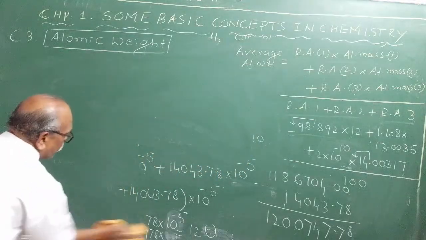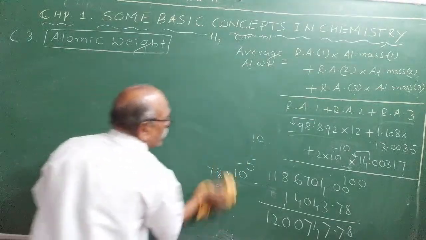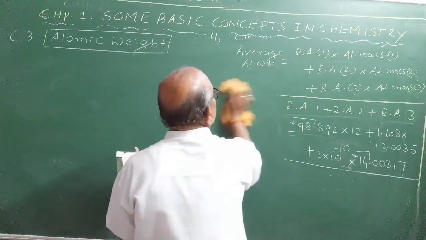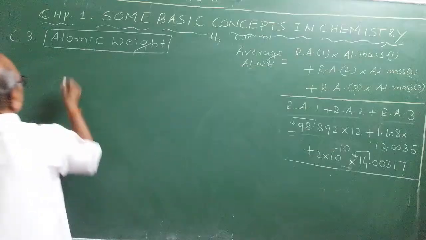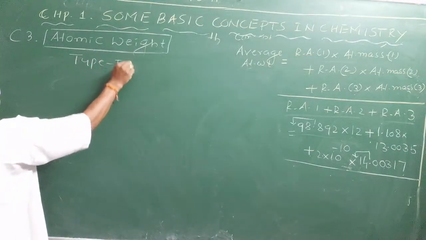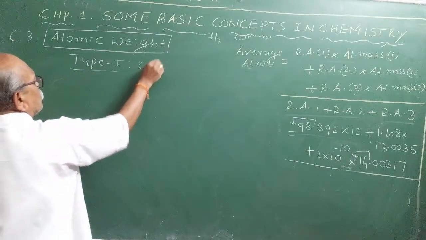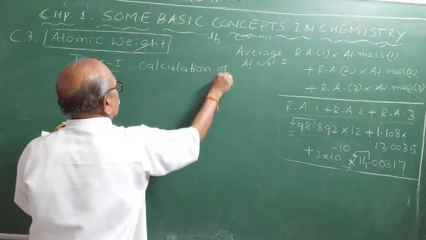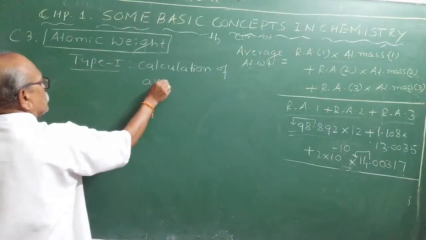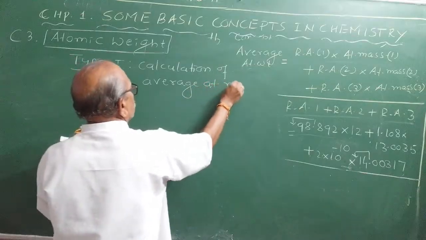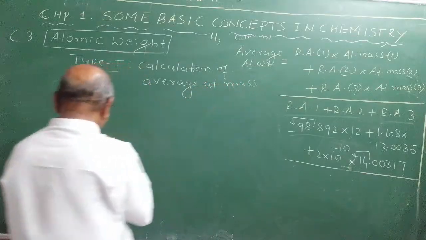I will retain the formula there. You can consider this problem as type 1 problems: calculation of average atomic mass. So there is a problem in your textbook.